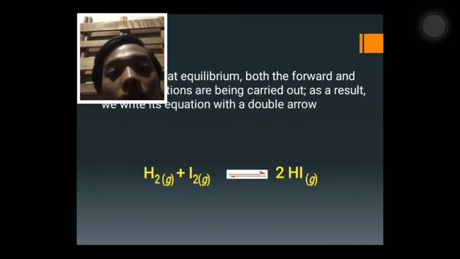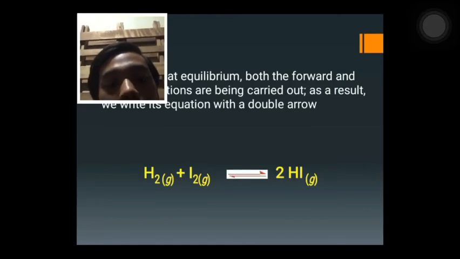Both the forward and reverse reactions are being carried out. As a result, we write the equation with a double arrow.